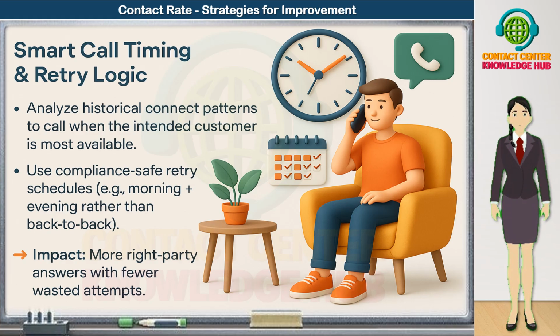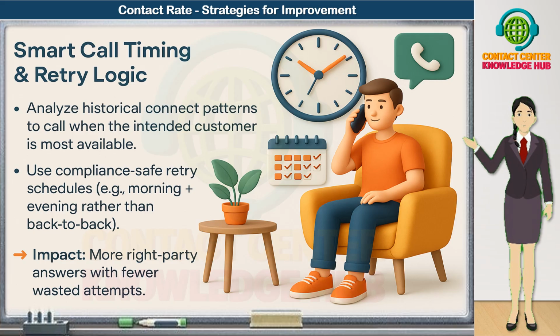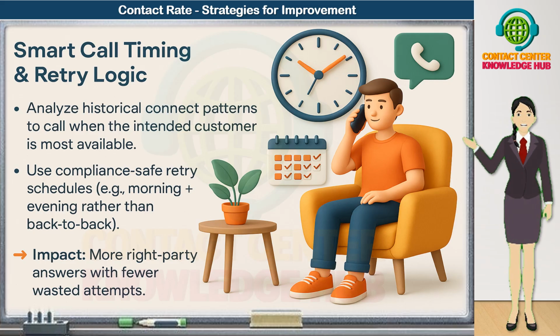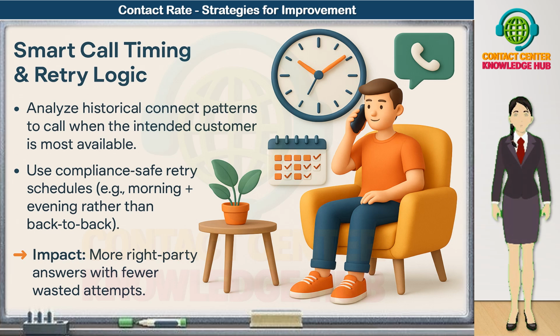Equally important is your retry logic. Instead of making multiple back-to-back calls, which can irritate customers and trigger spam flags, use compliance-safe retry schedules, such as one attempt in the morning and another in the evening. This keeps your operation respectful, legal, and effective. Impact: smarter timing and intelligent retry patterns lead to more right-party answers, and a more customer-friendly outbound experience.